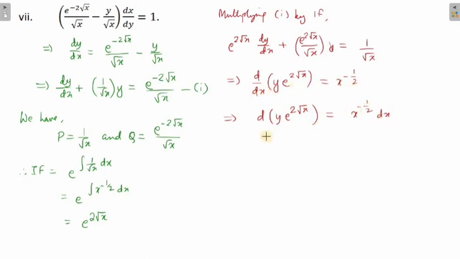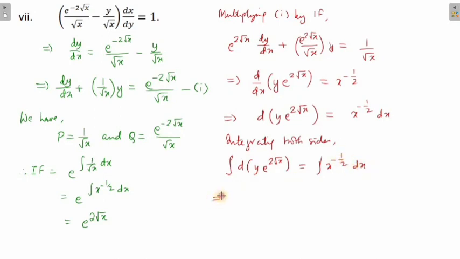So integrating both sides, you have integral d of y e to the power 2 root x is equal to integral x to the power minus half dx.